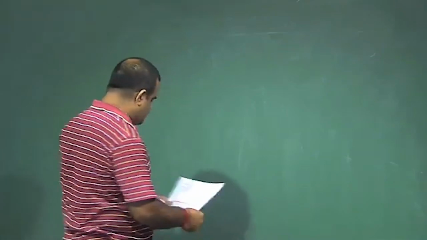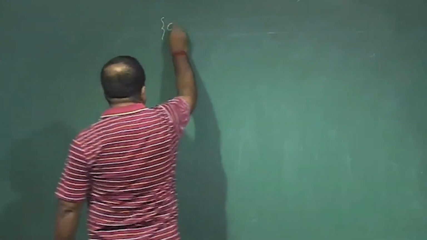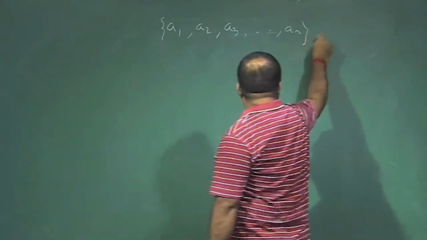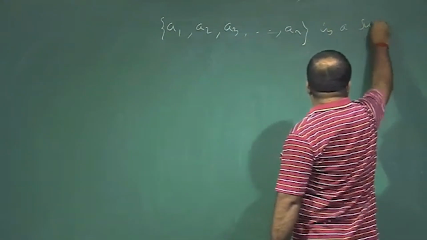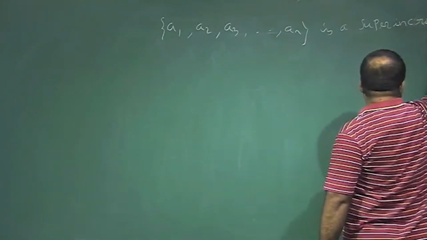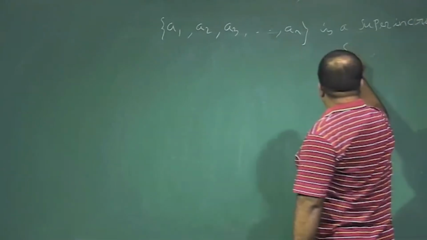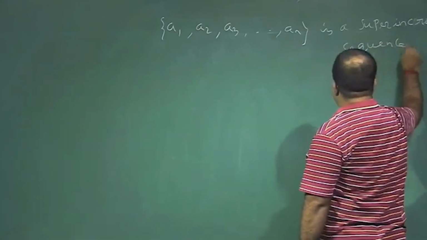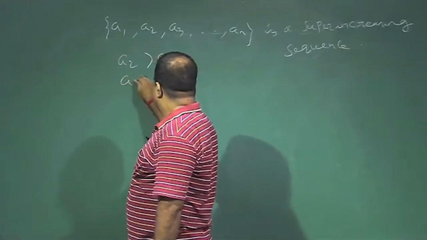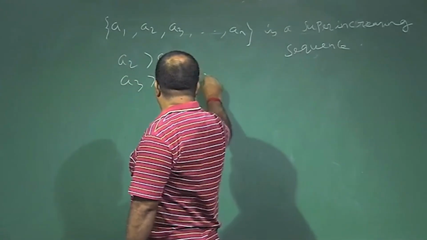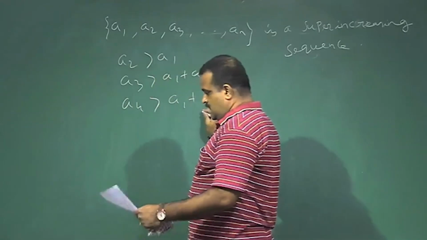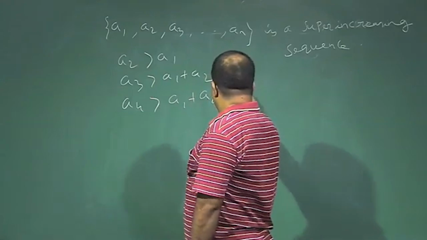So if these Ai's are a super increasing sequence, what do we mean by super increasing? Super increasing means A2 must be greater than A1, A3 must be greater than A1 plus A2, A4 must be greater than A1 plus A2 plus A3, this way.